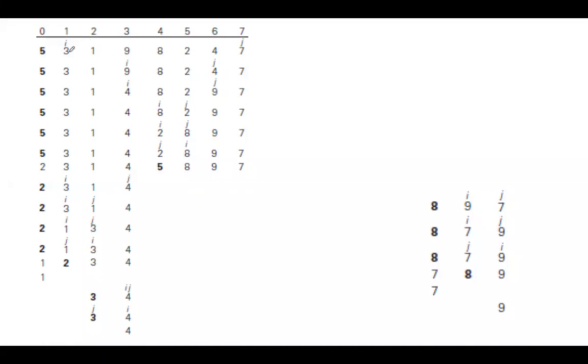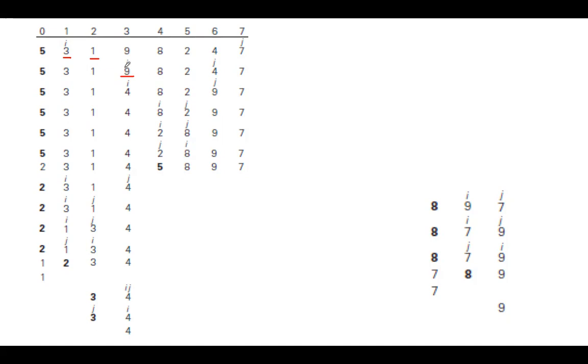So I is here. You have to increment the I value until what condition is met? A of I is greater than 5. Now A of I is not greater than 5. Increment it to 1. Again A of I is not greater than 5. So the I value will be incremented to 9. A of I is 9, which is greater than 5.